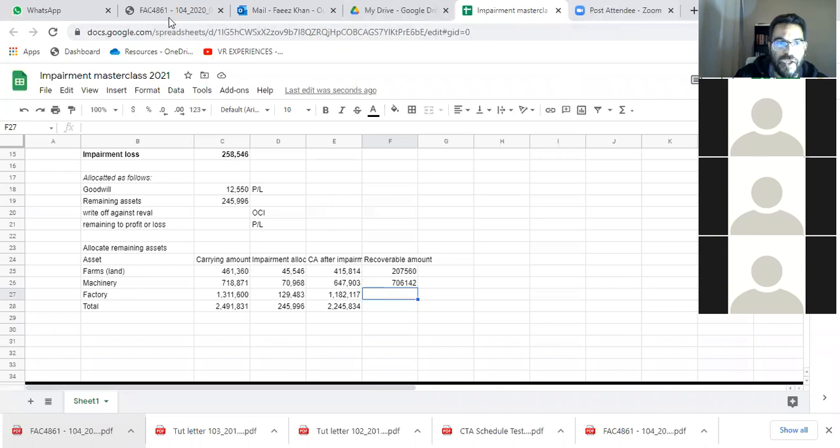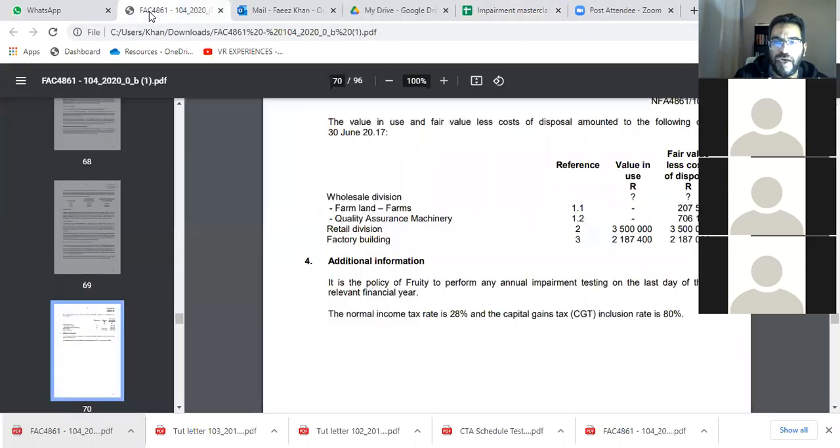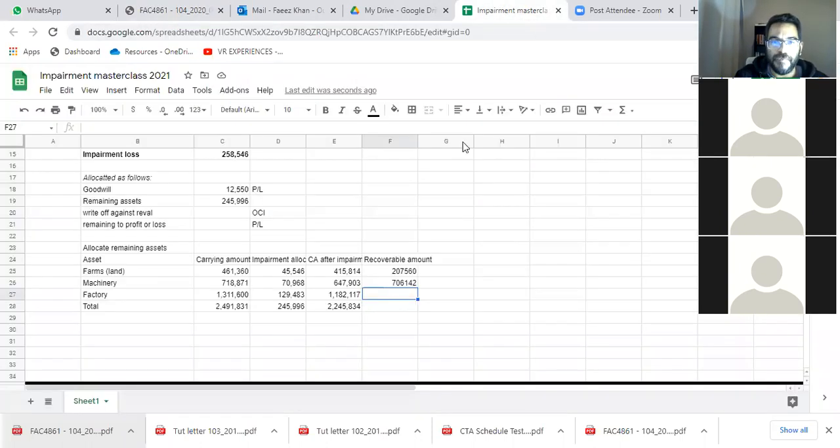The recoverable amount of the factory was 2,187,400. You take the higher: they gave you value in use and fair value less cost of disposal. The value in use is higher than the fair value less cost of disposal by 400 Rand. So we take the higher, 2,187,400. But we can't take the 100%, we must only take 60%, because you need to compare apples with apples. Okay, so there we go.